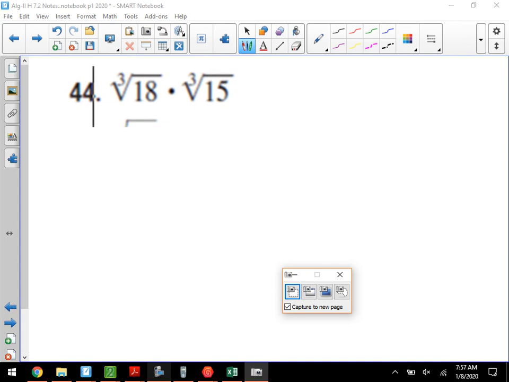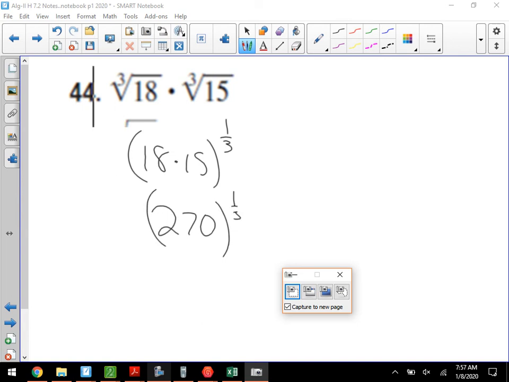44. In this case here, again, what I want to do is, I know that I have the same nth root, which means I'll also have the same fractional exponent. So I can kind of theoretically say that this is the exact same problem, right? So what's 18 times 15? Well, what is it, 270? Okay. So you have 270 to the 1/3.